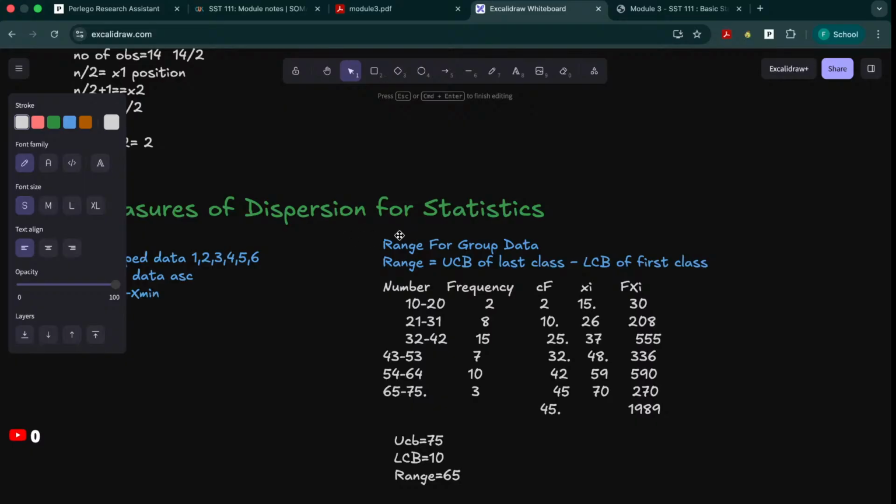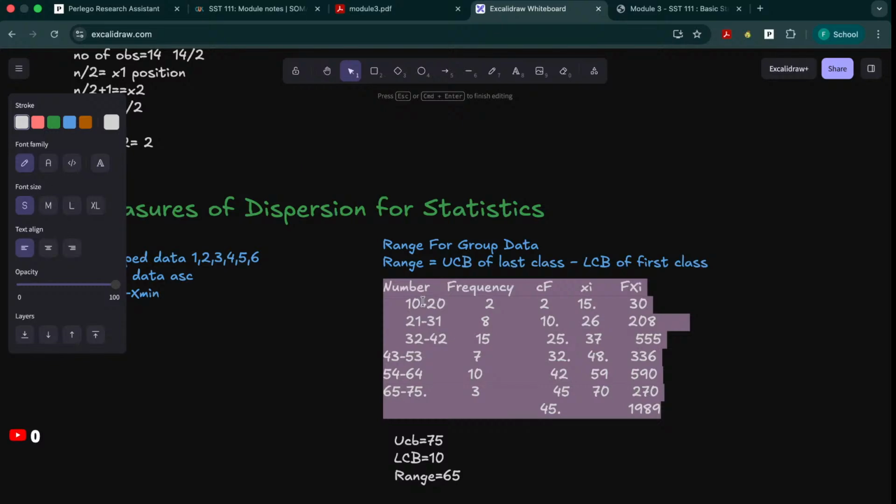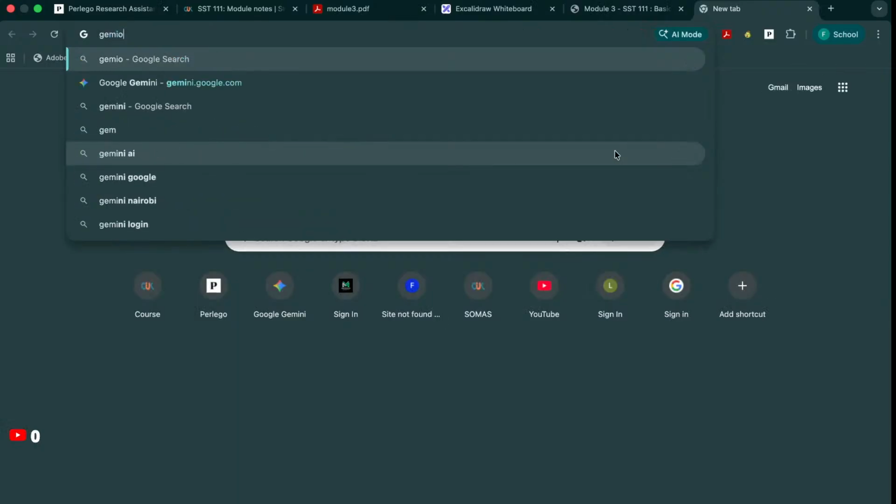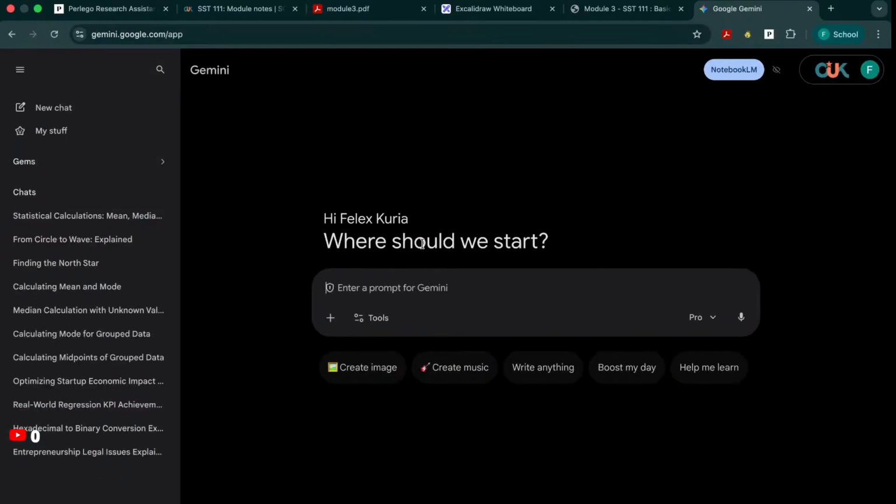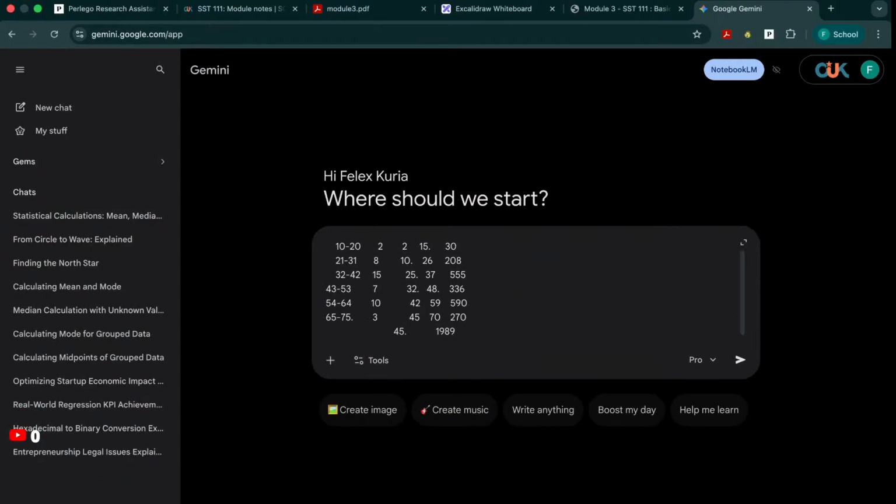Let's confirm with AI. We open Gemini and paste this: calculate the range of this.